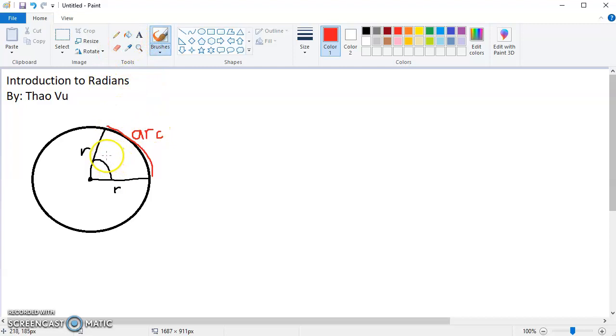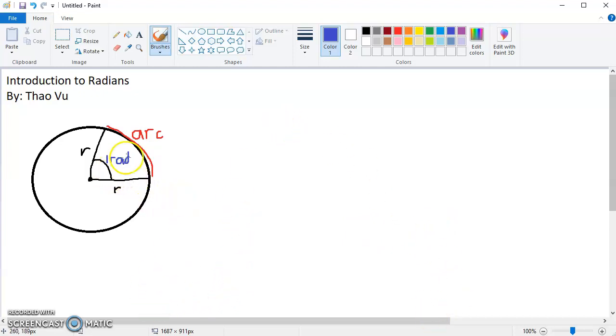So this is 1. Let me go in a different color. For short, a radian is also known as rad.